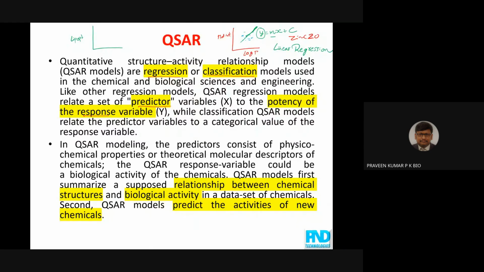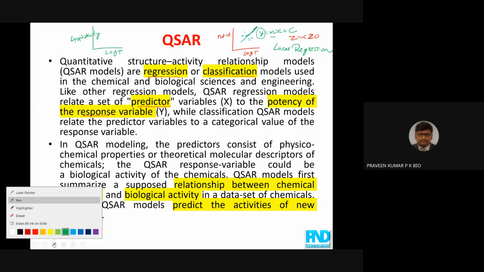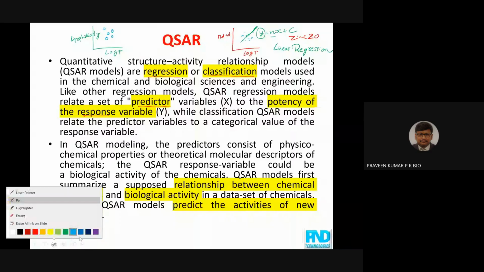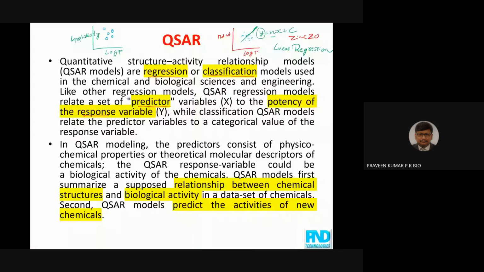Lipophilicity in the y-axis, and something like log P in the x-axis. So if you have 20 drugs like this, and we also have a few more drugs which I show in a different color, now I take a different color.